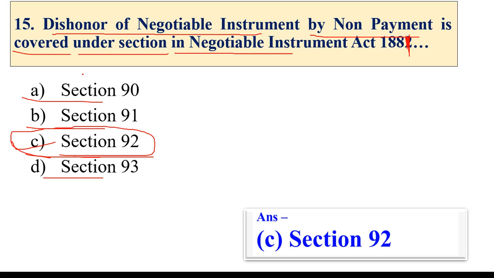Okay, so this dishonor of negotiable instrument by non-payment is covered under section 92 as per the Negotiable Instrument Act 1881. So this is the last MCQ of today's session.